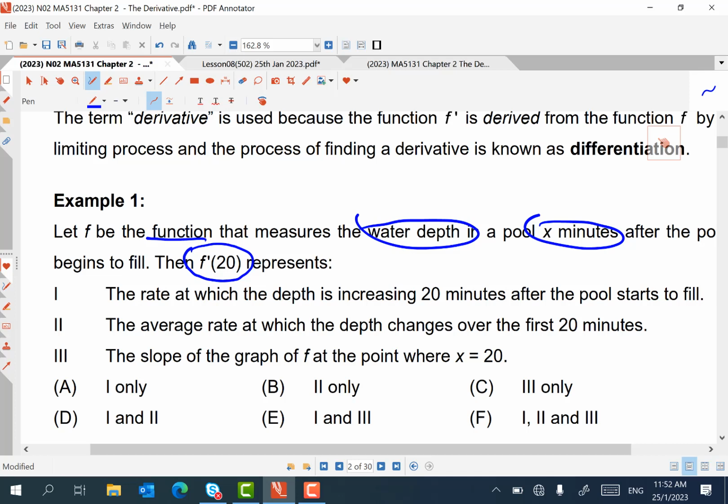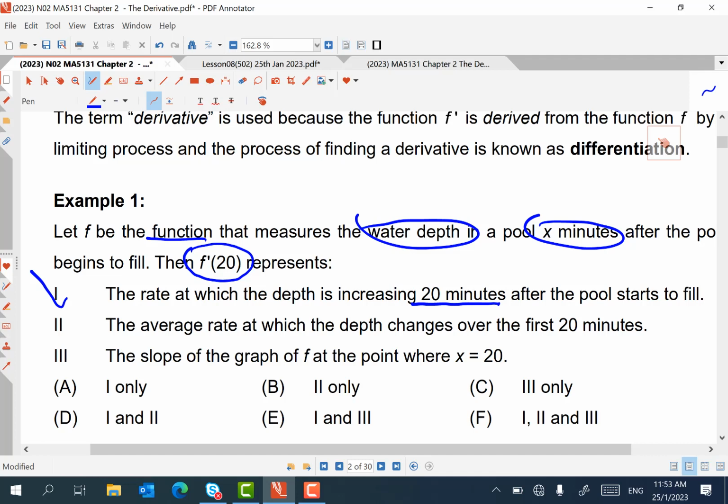Okay, Jethro. Thank you. What is f prime 20 to you? Is it the rate at which the depth is increasing? You say yes, it's true.